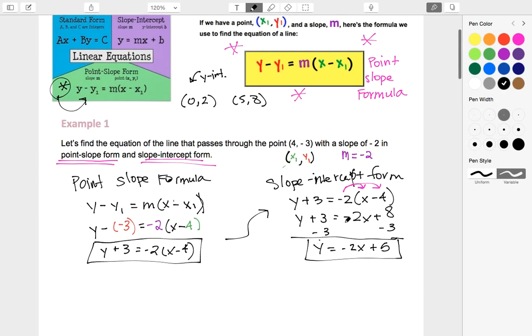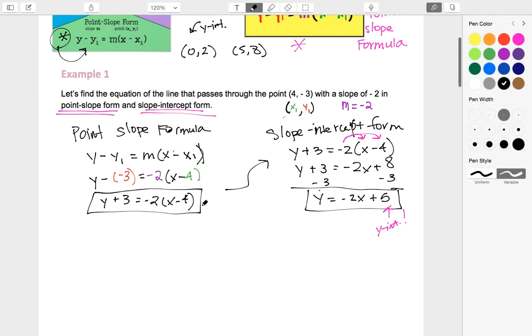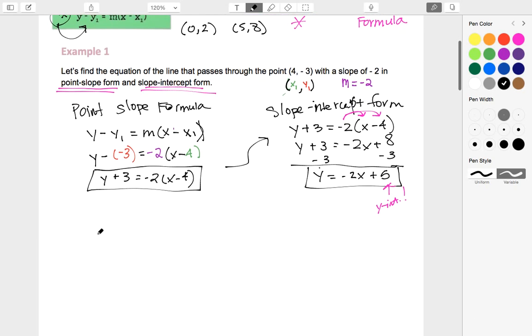And what's really nice about this slope intercept form is that now we can identify our y-intercept, okay, which is great. And one thing I didn't write here, but let's just say that we wanted to have 2 points. So in addition, you can do this on the side of your notes.